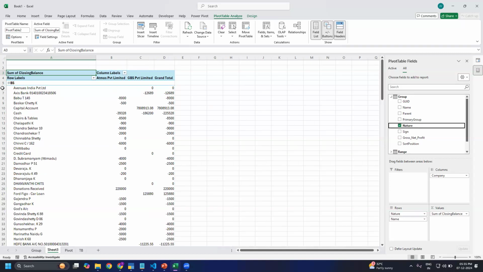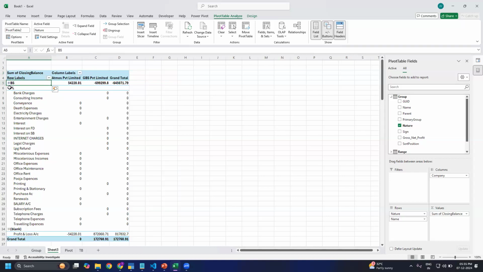So, okay, I drag it into rows. Now all these, which are from Tally, belong to balance sheet. And these belong to profit and loss. And there is nothing related to profit and loss.